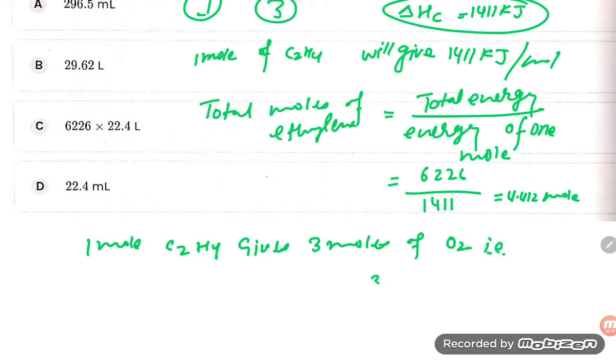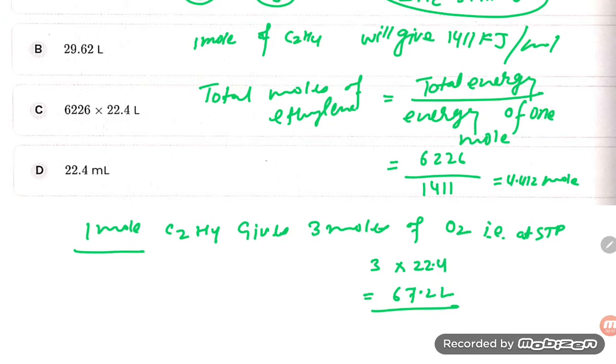At STP, 3 into 22.4 liter equals 67.2 liter. So 1 mole requires 67.2 liter.